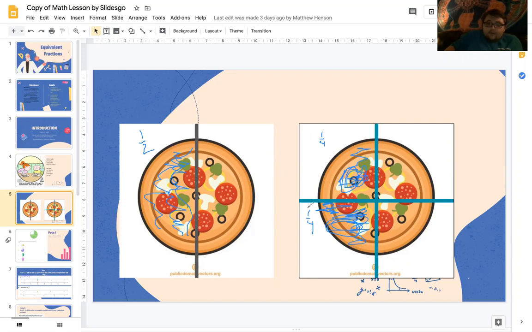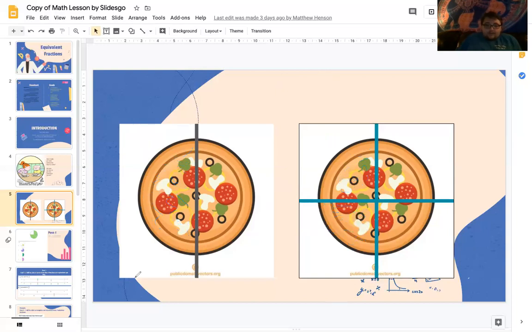So 1/4 and 1/4 equals 2/4. Now we can look over and see the amount of pizza that's scribbled over is the same on this side as it is on this side. So that means that 1/2 and 2/4 are equivalent fractions.